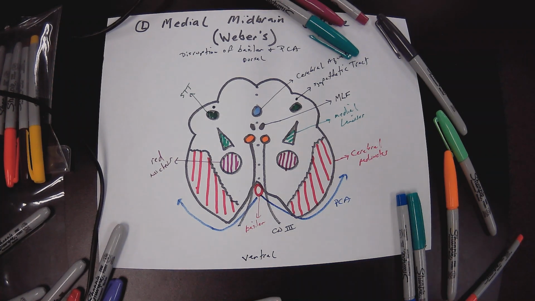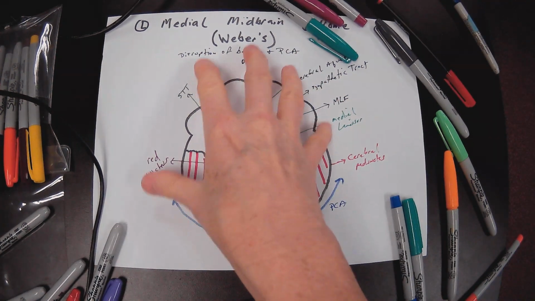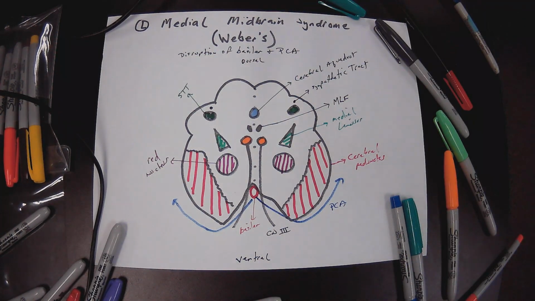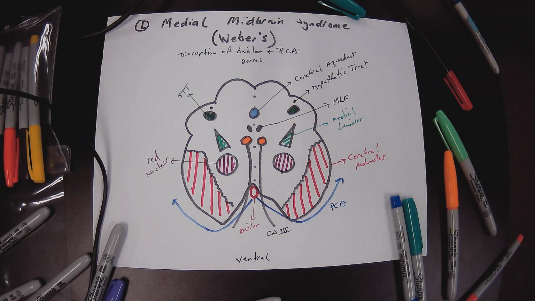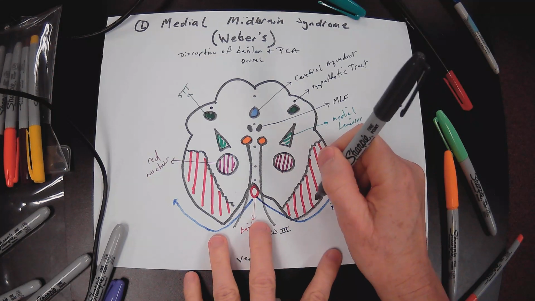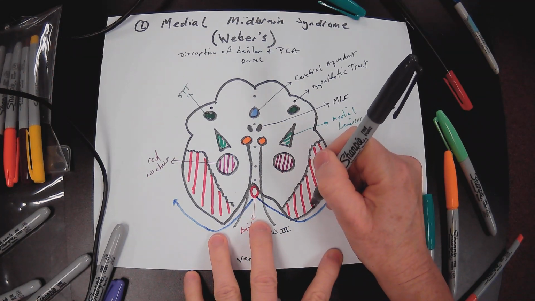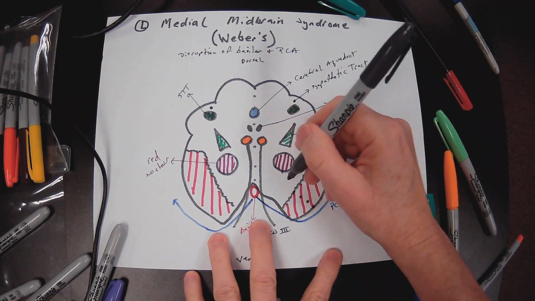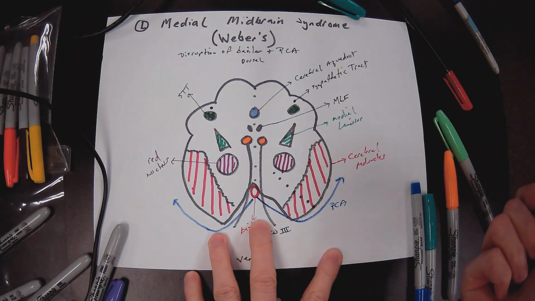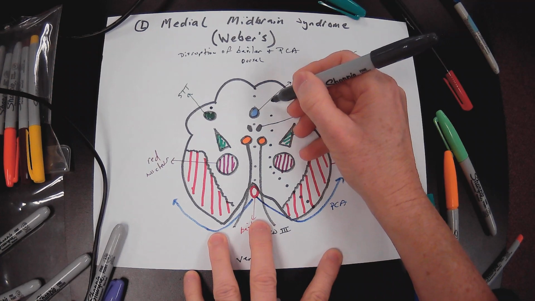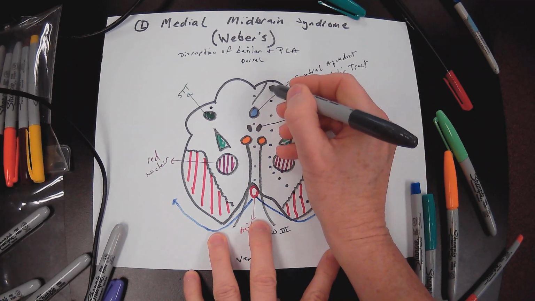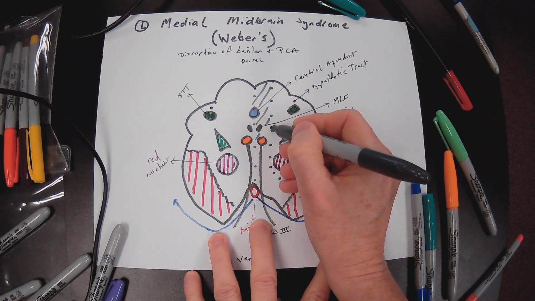Disruption of the basilar and/or medial portion of the PCA is going to give you Weber syndrome, which is medial midbrain syndrome. The territory for these arteries is going to be here. So you're going to take off a little bit of the cerebral peduncle and then just go straight up medial. So all this region in here is going to be affected.